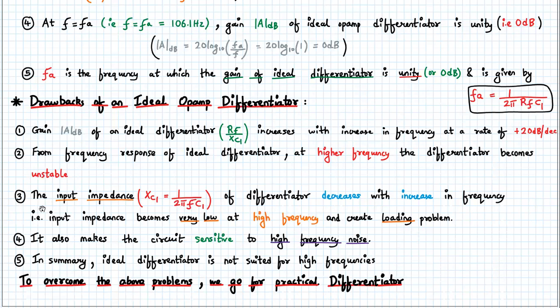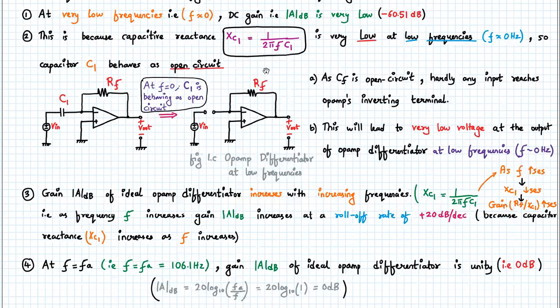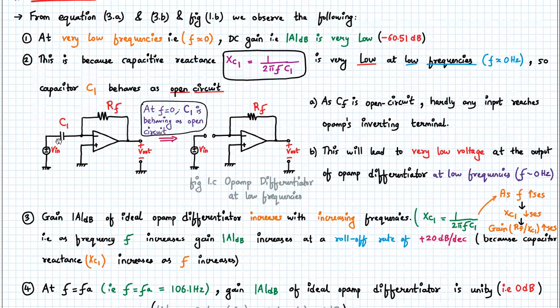Now the second drawback: the input impedance, that is XC1, 1 upon 2 pi F into C1, of the differentiator decreases with increase in frequency. So if frequency increases, the input impedance XC1 goes on decreasing. That means the input impedance becomes very low at higher frequencies, which will create a loading problem. Let's say you have connected an input, and that input has a series internal resistance.